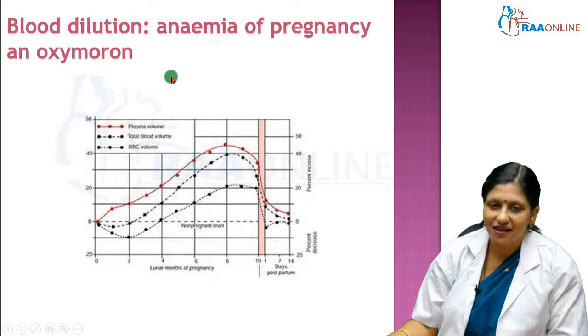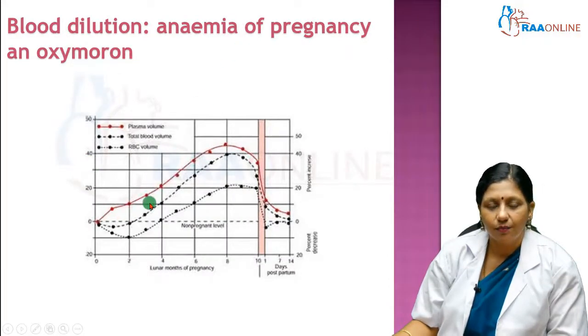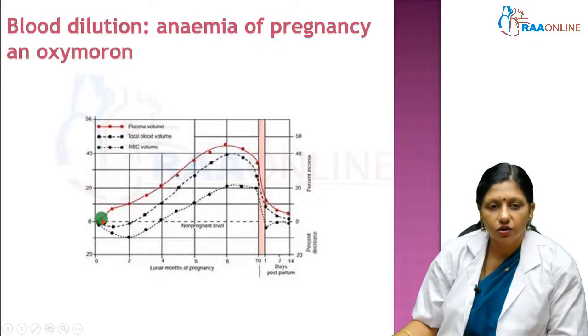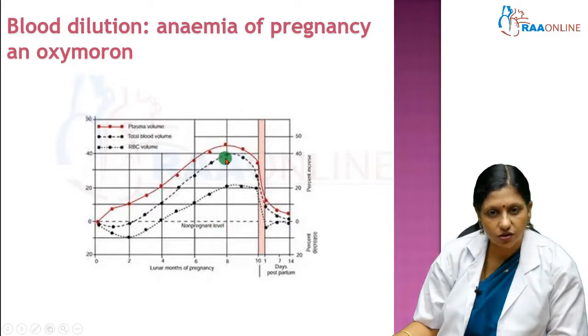The reason for a murmur in pregnancy is the rise in plasma volume. As the gestational age advances with the increase in the lunar months of pregnancy, there is an increase in the plasma volume, which is maximum at around 32 weeks of pregnancy.